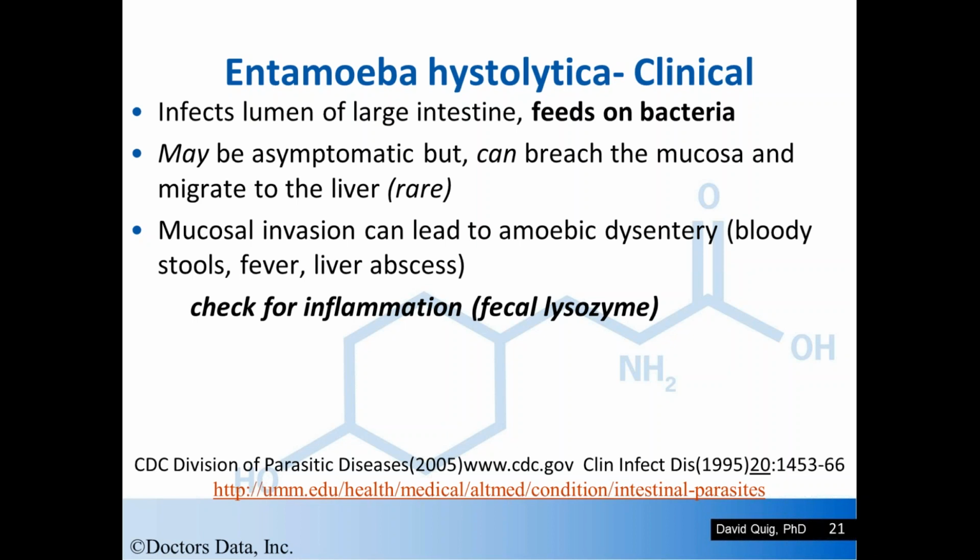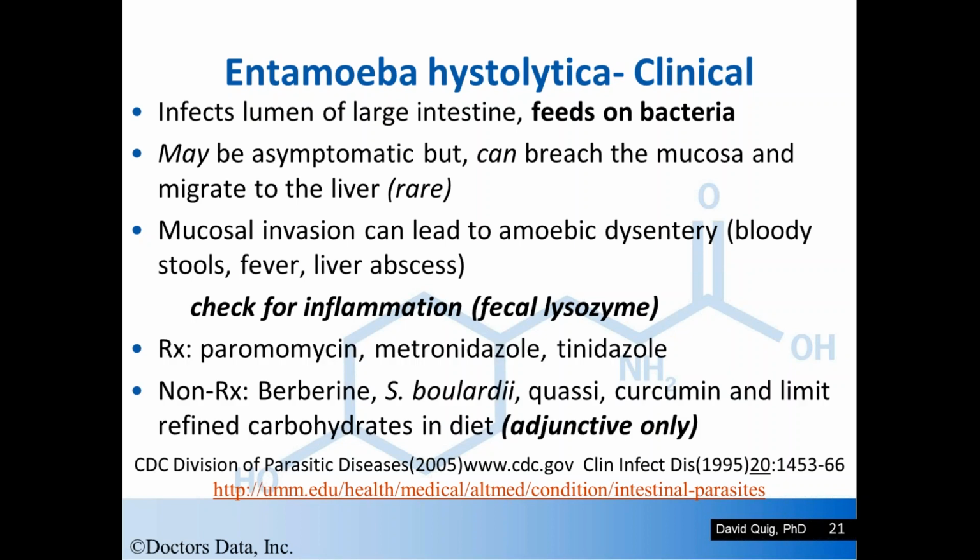Now, this mucosal invasion can lead to amoebic dysentery, which is associated with bloody stool, fever, and liver abscesses. And since it's an inflammatory condition, we can check for the inflammatory marker fecal lysozyme in the stool to see, in fact, if there's significant inflammation.